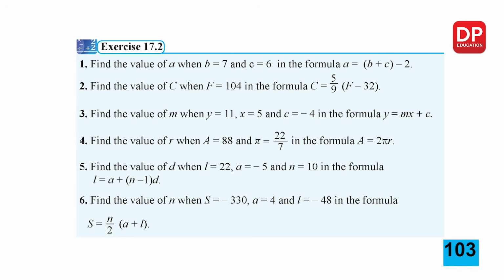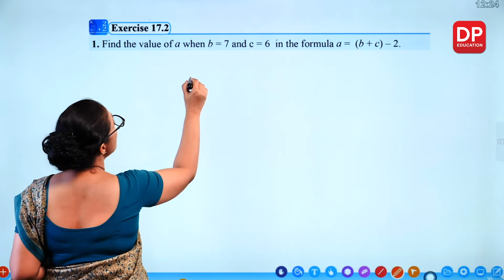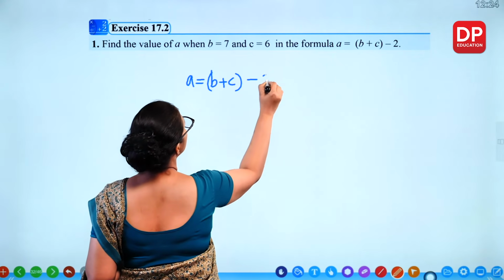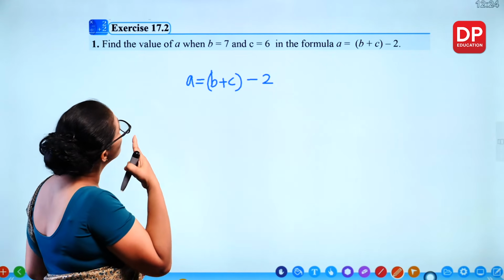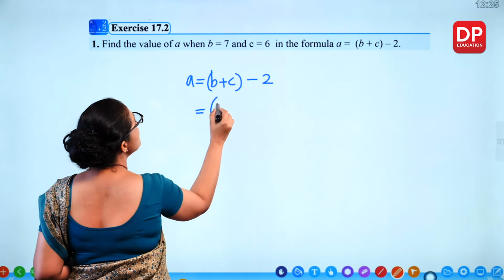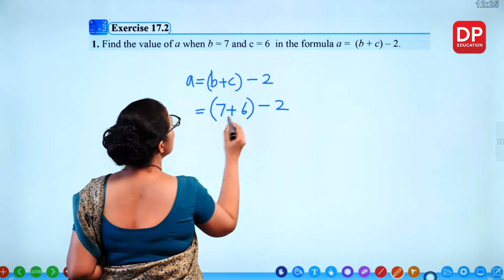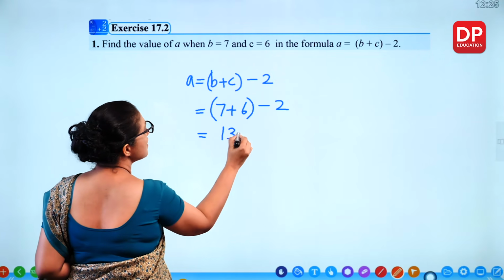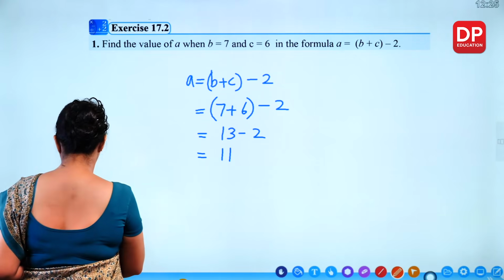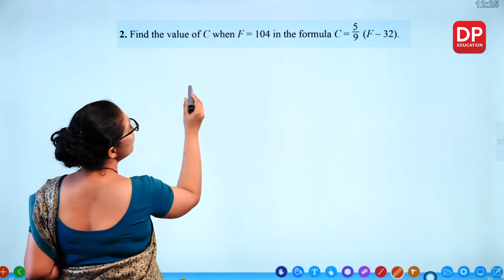Exercise 17.2. Find the value of A when B equals 7, C equals 6 in the formula. A equals B plus C minus 2. So you need A. So already A is the subject of the formula. Now just substitute 7 plus 6 minus 2. 7 plus 6, 13. 13 minus 2, you get 11. Find the value of C when F equals 104.